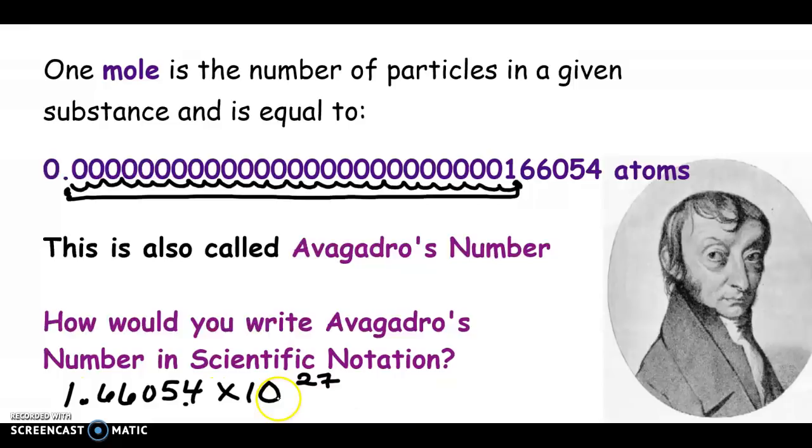Now, if you notice, if I took 1.66054 and I times it by 10 to the 27th, I'm going to end up moving my decimal point to the right, which means my number is getting bigger, which is not at all what I want. So to show the numbers getting smaller, you're actually going to divide. And to show division, we use a negative.